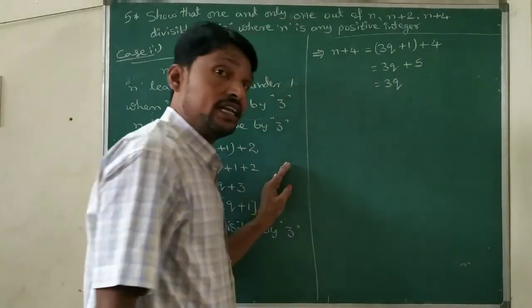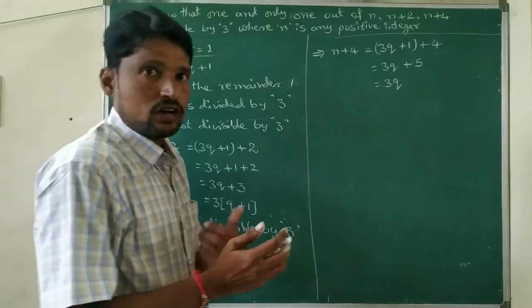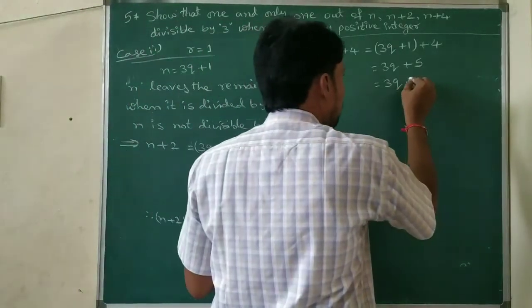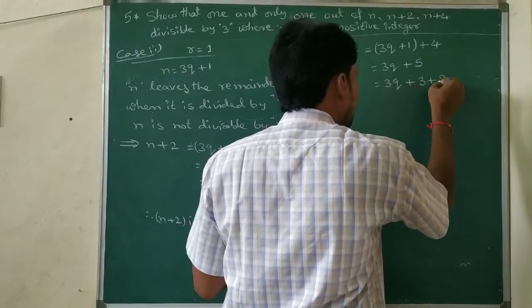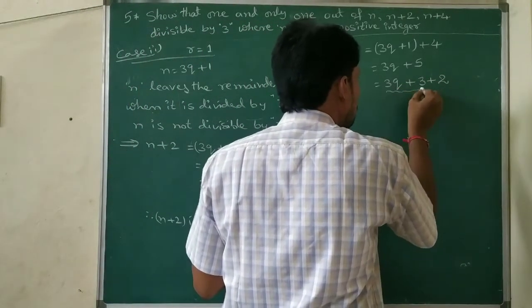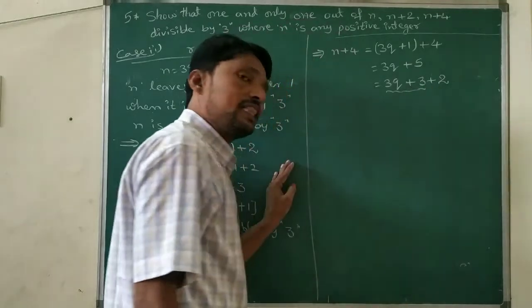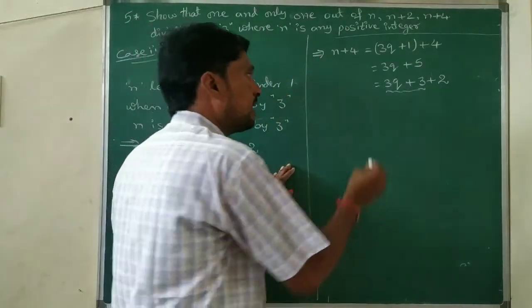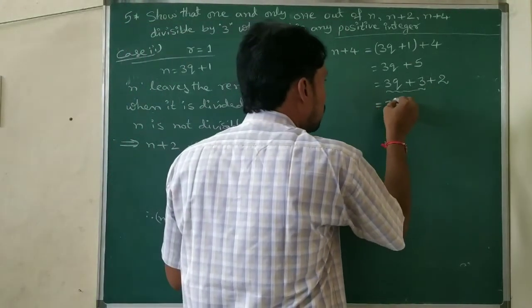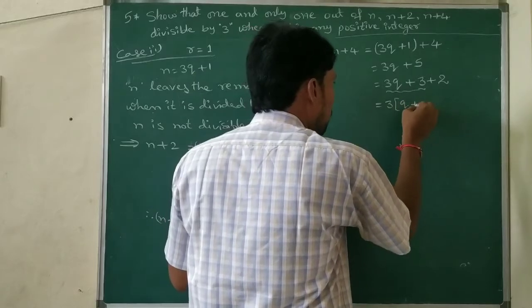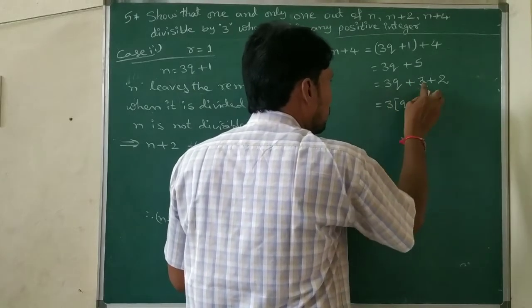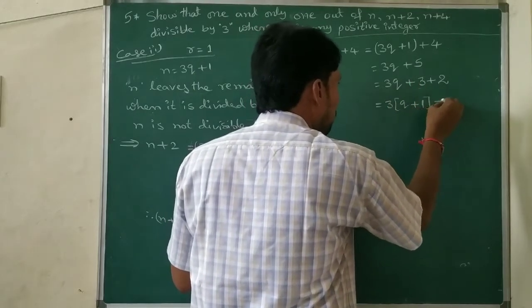How do we write 5? We can write 3 plus 2. So like that we can write it: 3q plus 3 plus 2. So for the first two terms we can take 3 as a common factor. 3 we took common, q plus 1, and 2 remained.